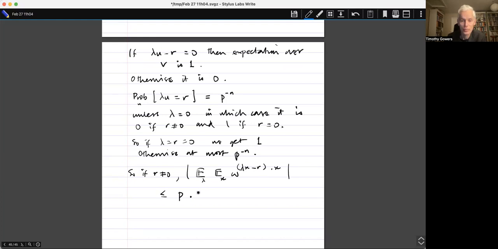When I squared it, I got p to the minus n, so p to the minus n over 2. Which is very, very small when n is large.